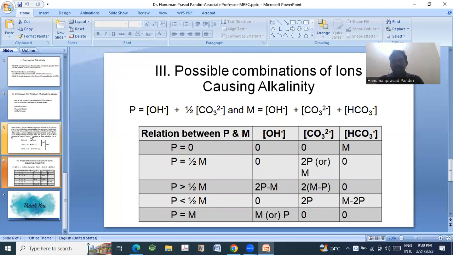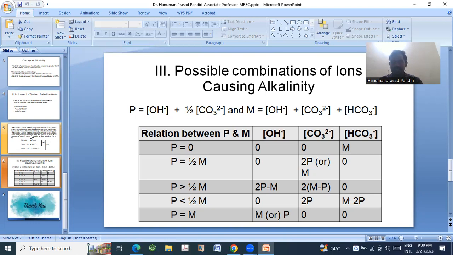So if you titrate the given water sample using phenolphthalein indicator, you will get phenolphthalein alkalinity, which is denoted by P. And if you titrate the given water sample using methyl orange indicator, you will get methyl orange alkalinity or total alkalinity denoted by M. As I discussed in the earlier slides, P is formulated as OH minus concentration plus half CO3 2 minus concentration.